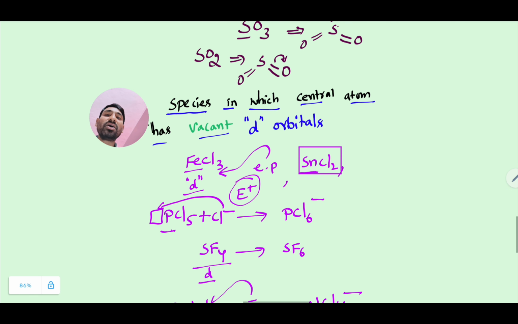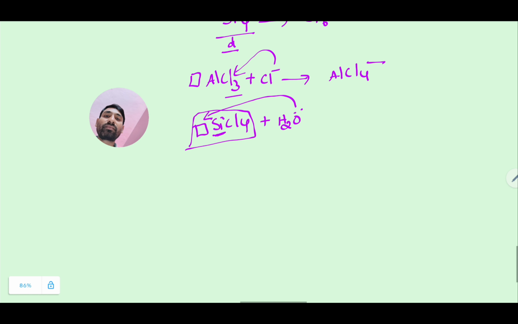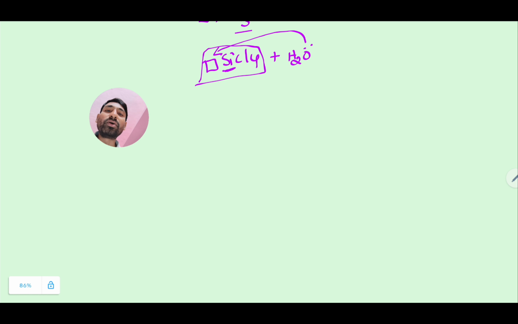In the fourth case, the species with vacant d orbitals, except first period and second period, are ready to accept a pair of electrons and act as a Lewis acid, guys. I hope you understand about electrophiles.